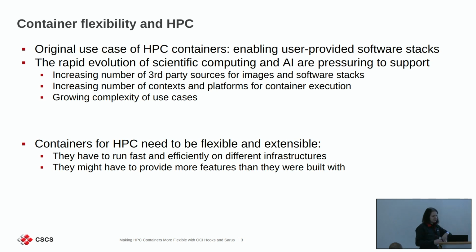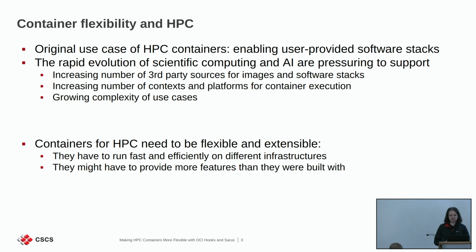So fast forward to today, that use case is mostly there, but things change very rapidly. Scientific computing is evolving, and now we also have AI joining the party. So containers are being pretty much pressured to go beyond this original use case. Why?